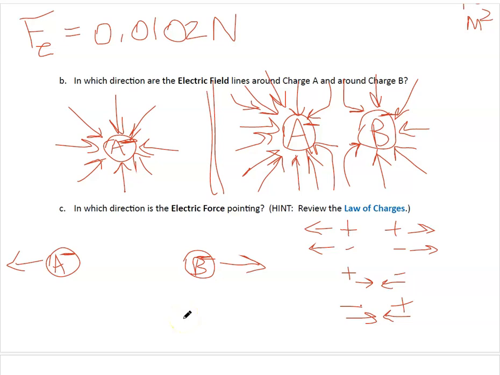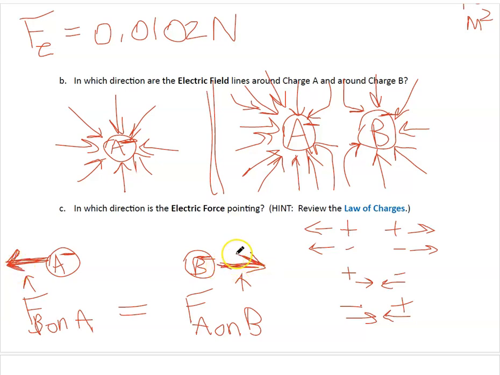Newton's third law says the force of B acting on A, which is this force here, is exactly equal to the force of A acting on B, which is that force right there. So the force directions will be represented by these arrows that I'll put in bold here, and they are pointing away from each other because they are repulsive forces.